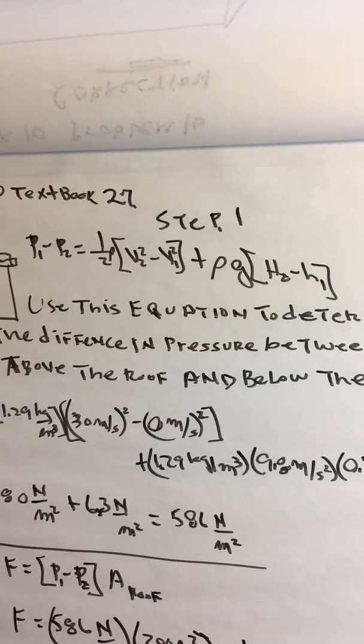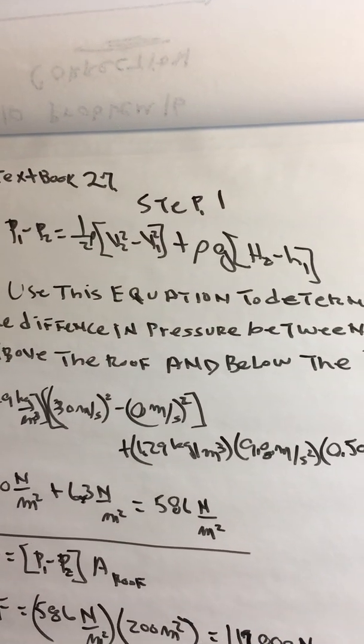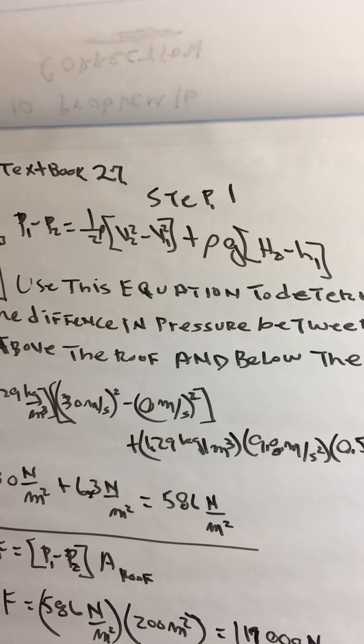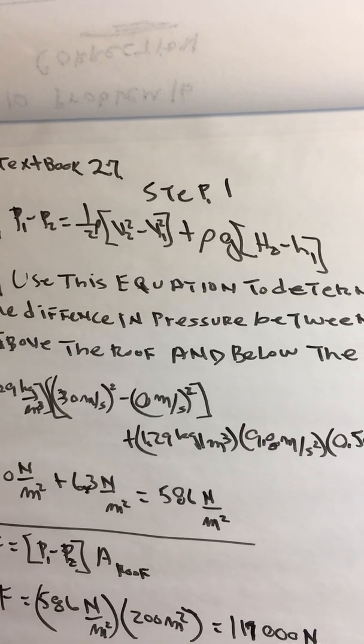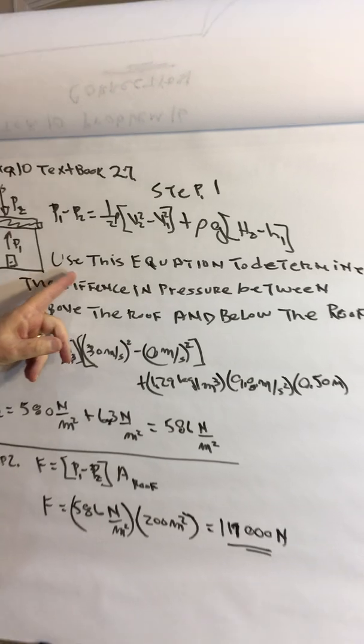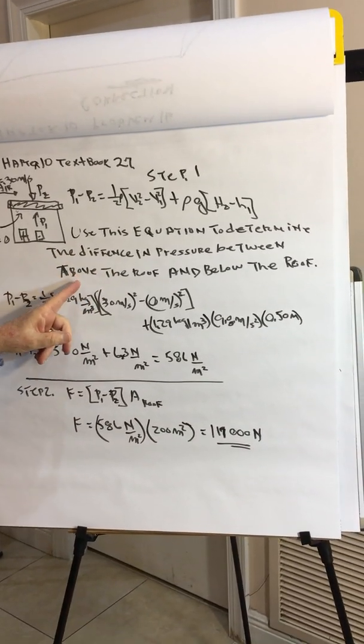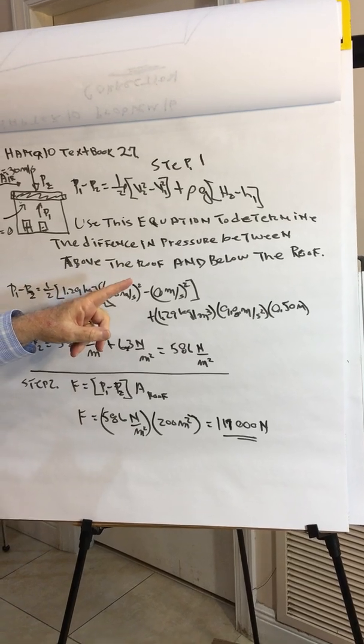Now the thickness of the roof is usually very, very small, but since I have it in there, I decided to put in a number because students always want to know what the number would be. So it says use this equation to determine the difference in pressure between above the roof and below the roof.